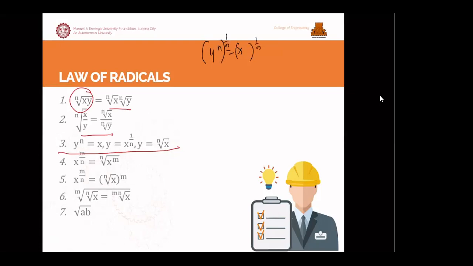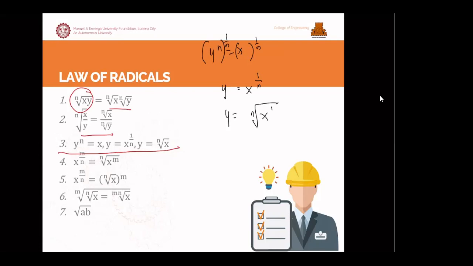Okay? So pag naka-raise again ang exponent by another exponent, minumultiply natin. So this will be y raised to n over n or y is equals to x raised to 1 over n. And sabi nga natin kapag ang exponent ganyan, y is equals to x raised to 1 tapos naka-nth root siya.